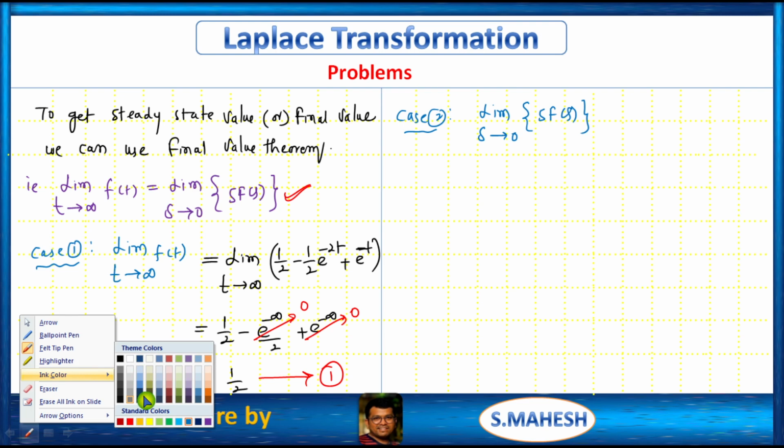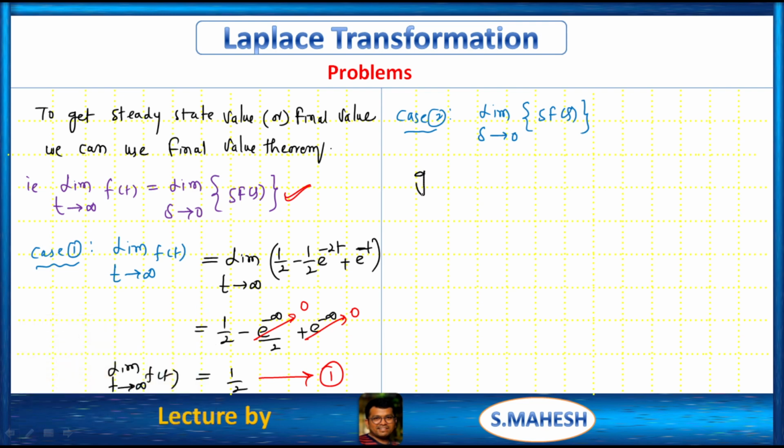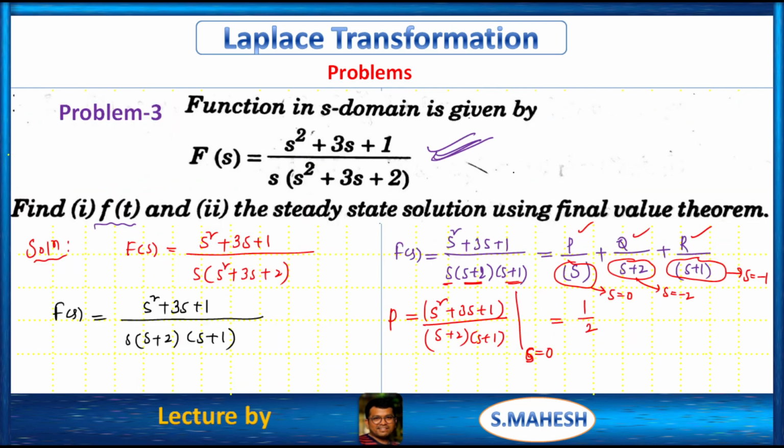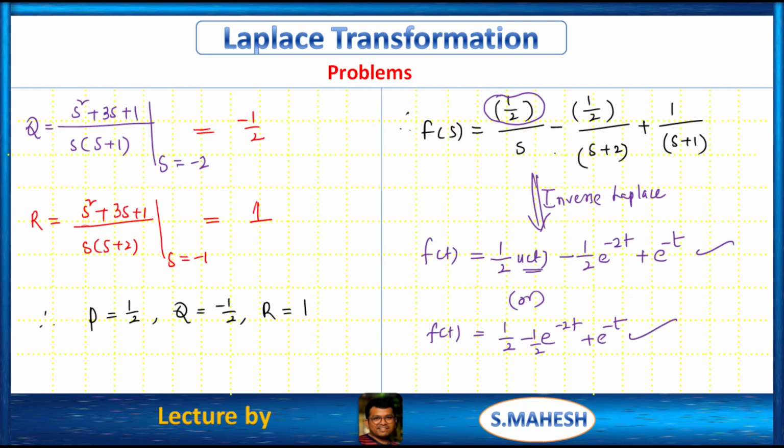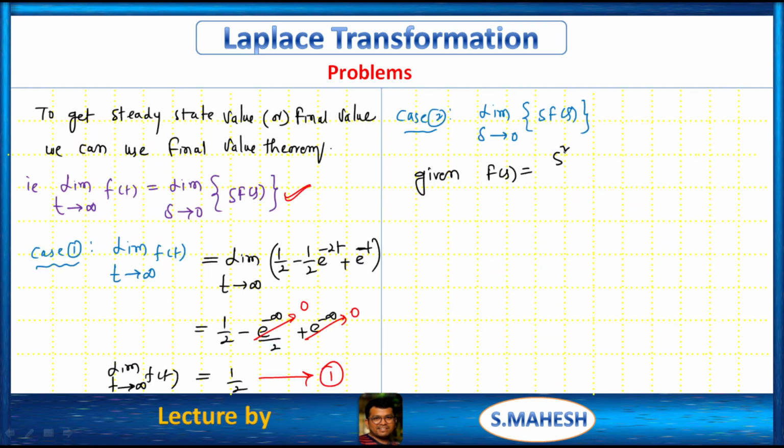What is the given function? Given f of s is s square plus 3s plus 1 by s into s square plus 3s plus 2. This is f of s.